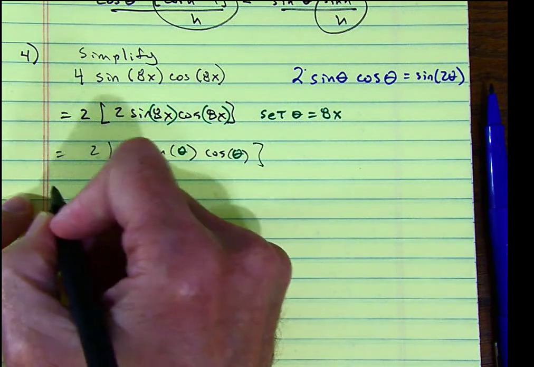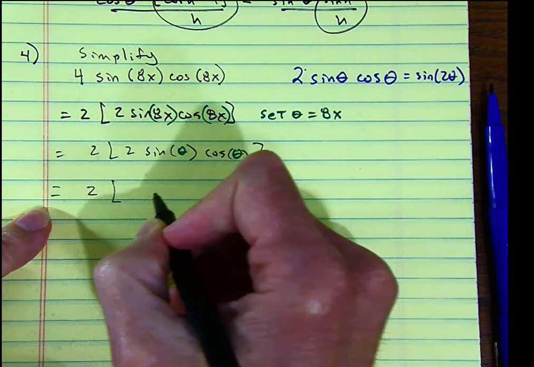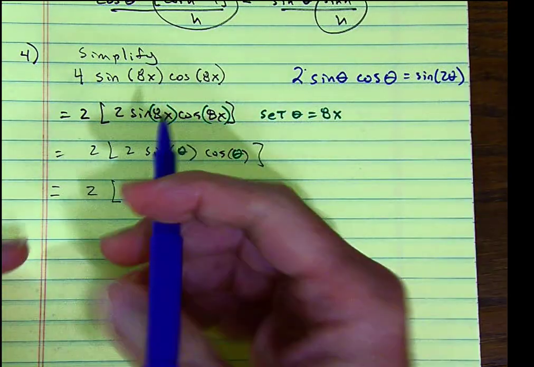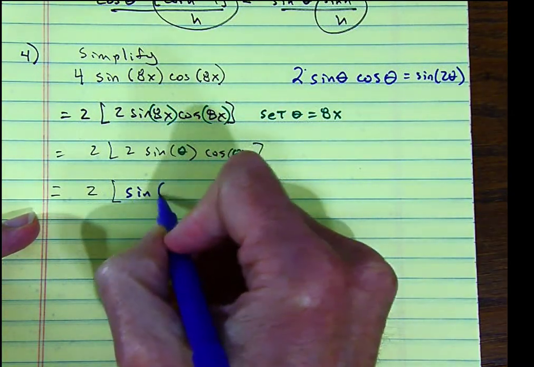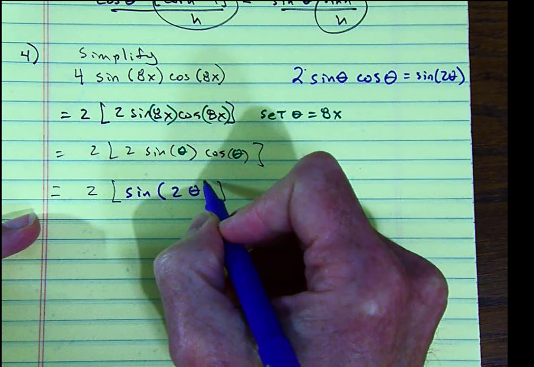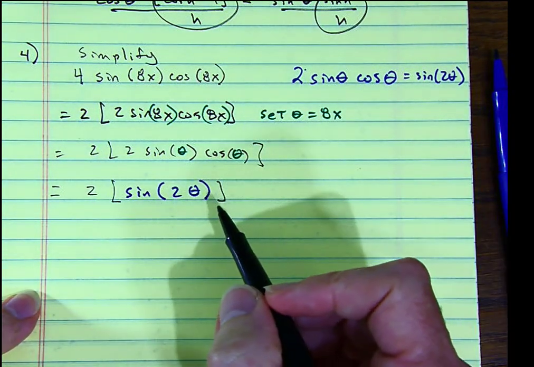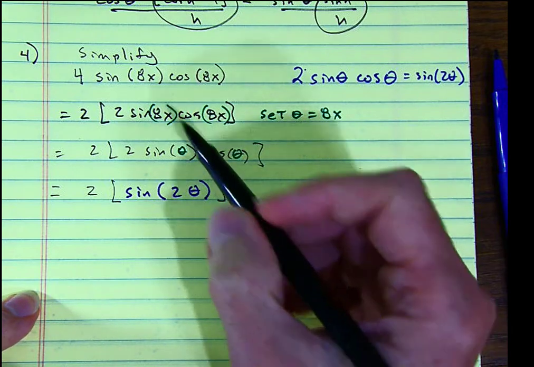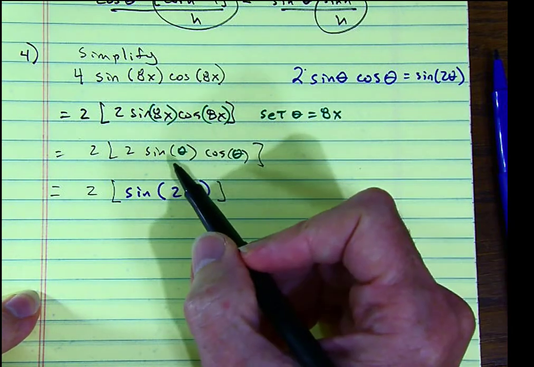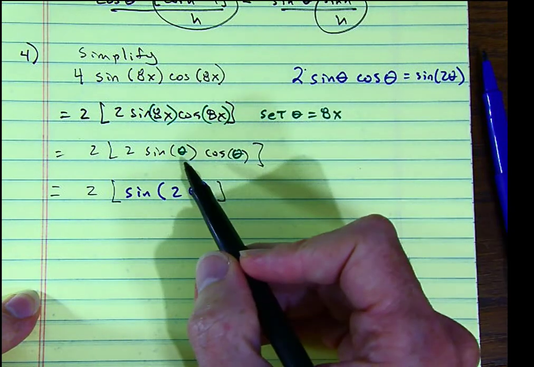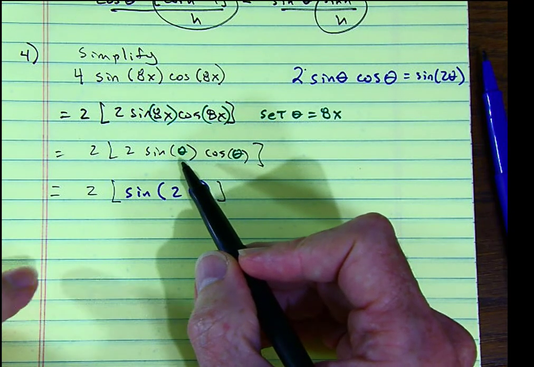And so I'm going to have 2, and then the sine of 2 theta. That was just a temporary measure for me in my mind to simplify this, to see the correlation between the identity and the double angle.